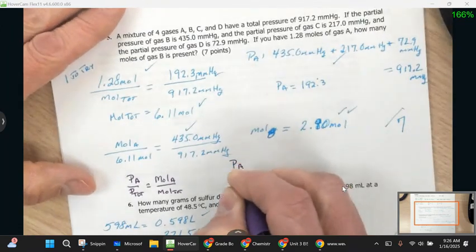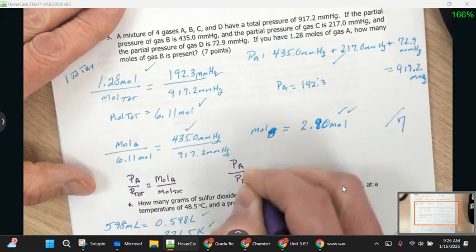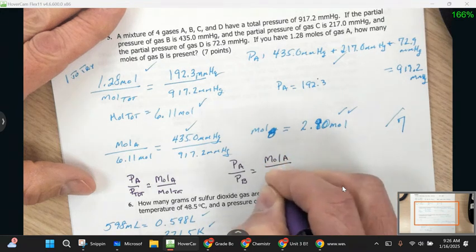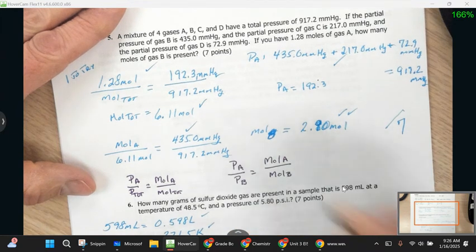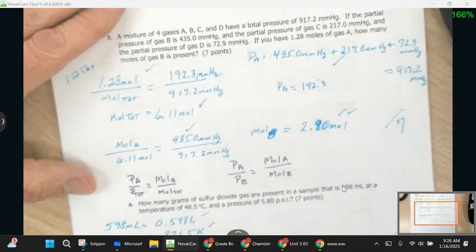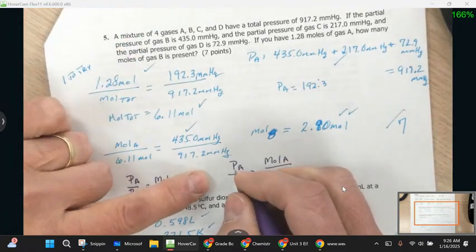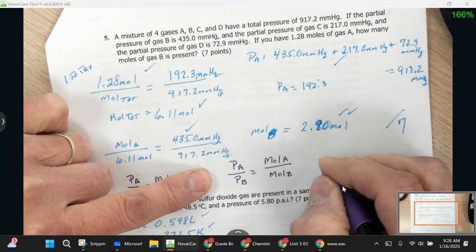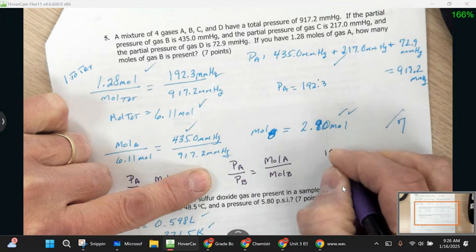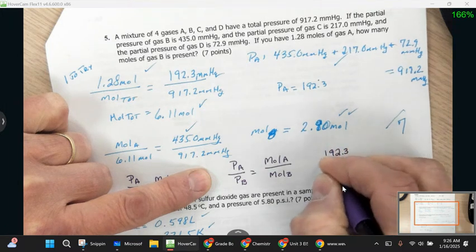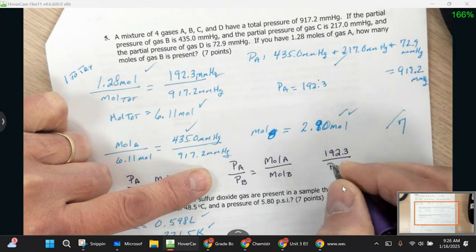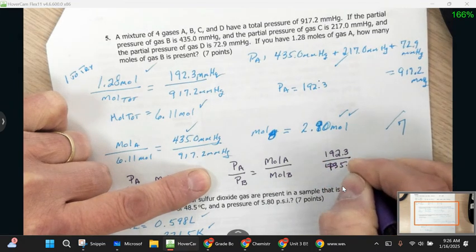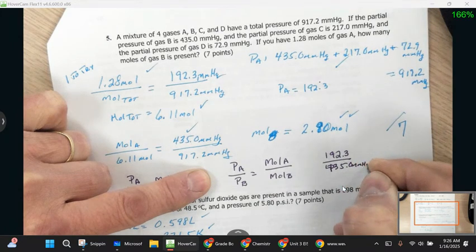The pressure of gas A over the pressure of gas B would be equal to the moles of gas A over the moles of gas B. And we could have plugged in for the pressure of A the number that we got, 192.3, over the pressure of gas B, which was 435.0 millimeters of mercury.